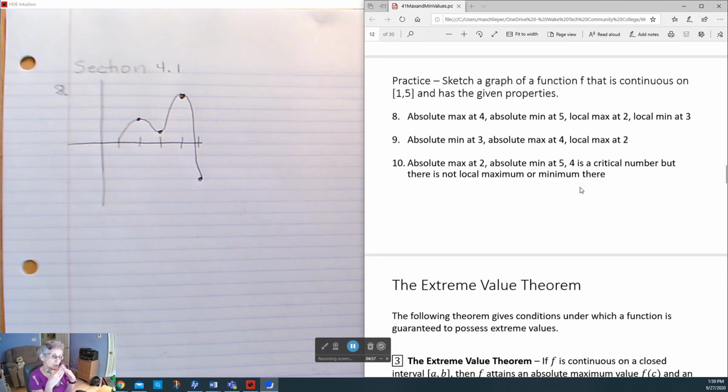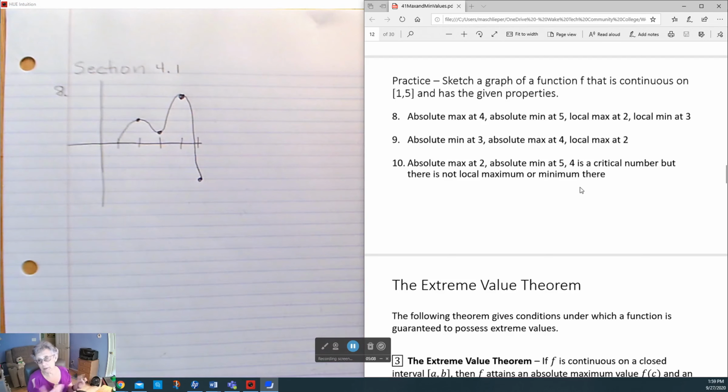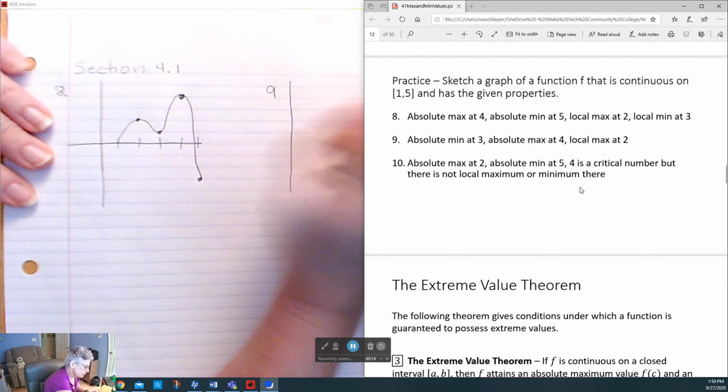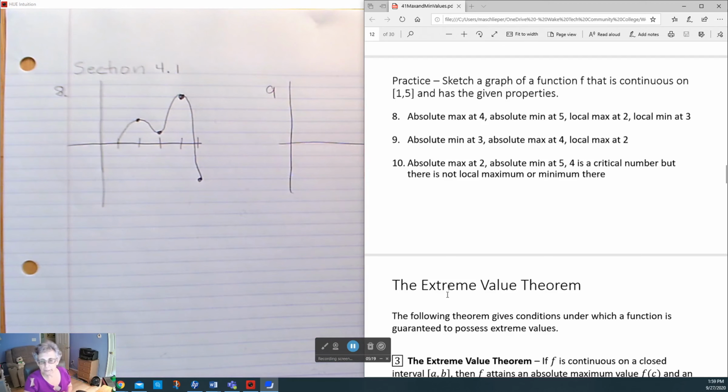Yours might be straight lines. It doesn't matter. It doesn't say that it couldn't have other local maxes and mins, but absolutes have to be absolute. So you do have some freedom. I'll leave space for number 9 right here, and I'll draw it. And meet you back here in a minute.